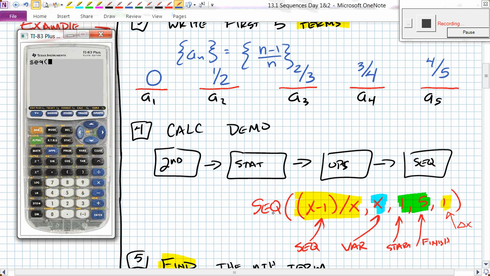The sequence part. So we're going to punch in the sequence of parentheses, x minus 1, close parentheses, divided by x. Now, they use n's in the book, but our calculator is just programmed for x's. It's just a variable. Then you have to tell the calculator which variable you're focusing on because some sequences have double variables. So we're going to say, okay, calculator, put a comma here.